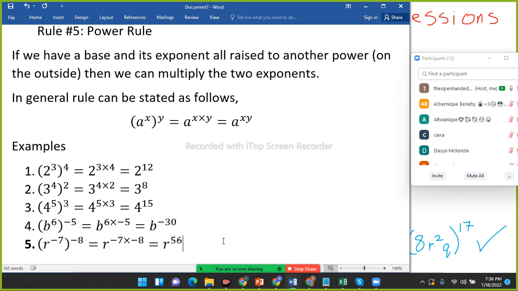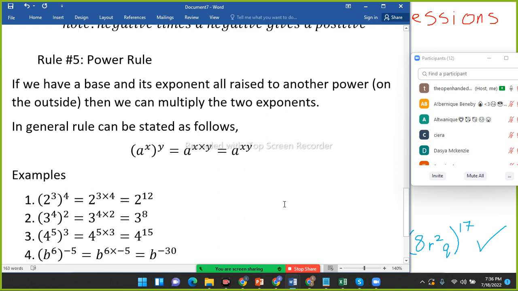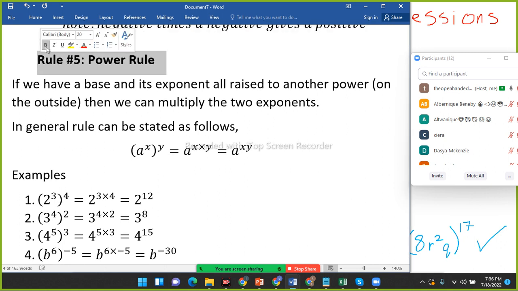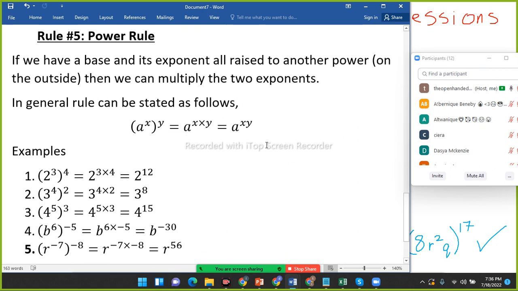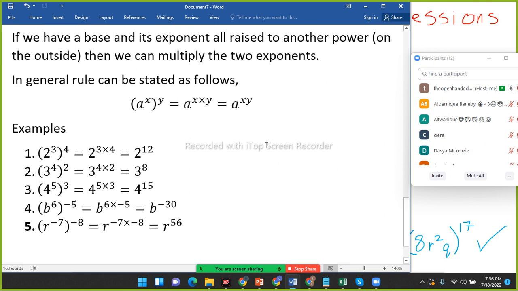All right, so that's that. Now it's time for the practice. Let's look at some practice problems for the power rule. The power rule states that if we have a base and a power all raised to another exponent, then we can multiply the powers together.